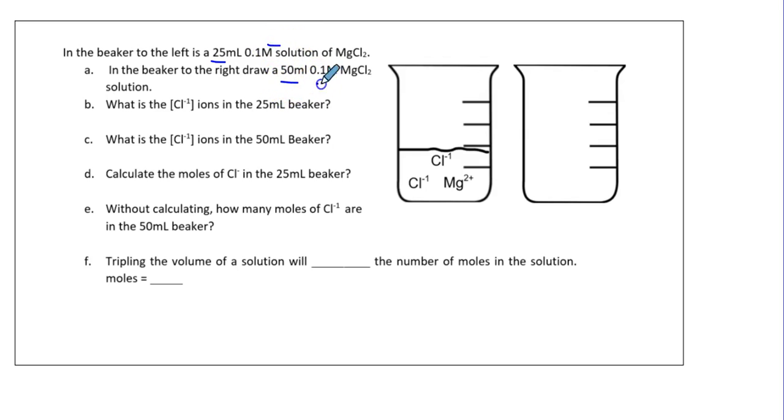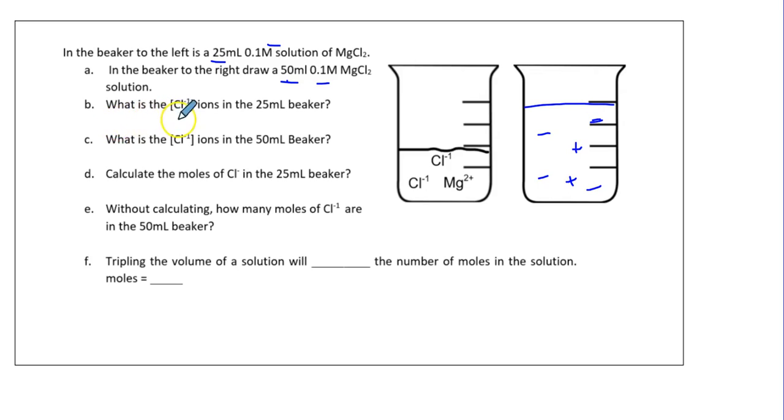Same concentration though. So I'm going to just double this up. But I have the same number of particles in here. Hold on a second here. I got double the volume, same concentration. So I need to have twice as many in here. Same concentration, twice the volume.